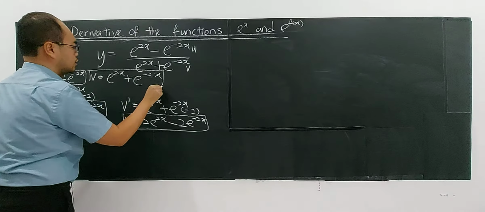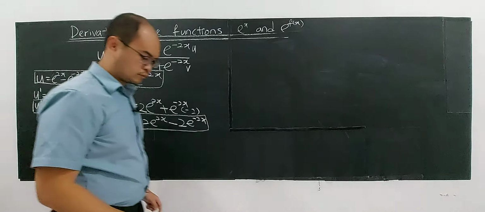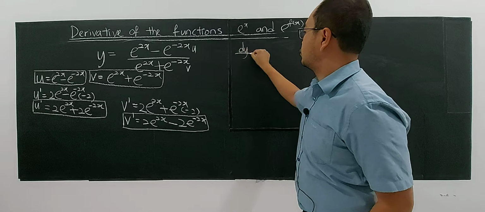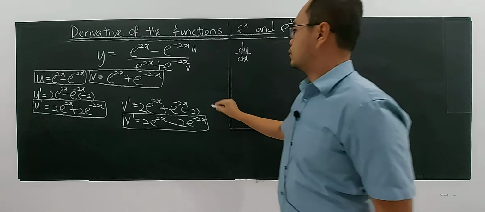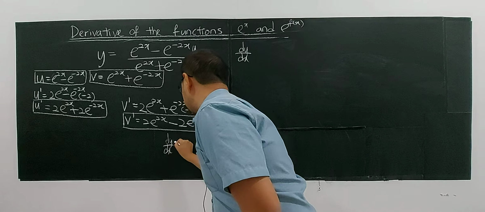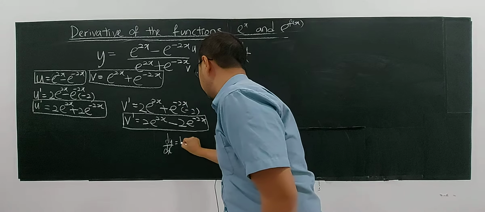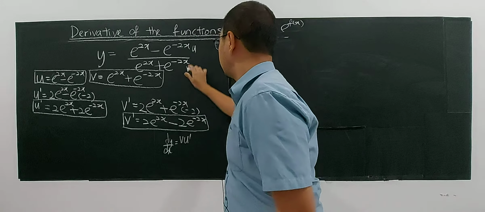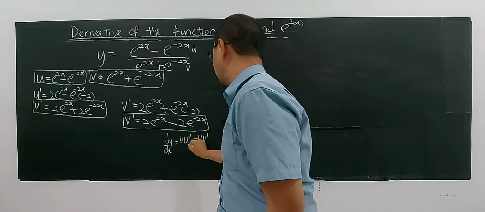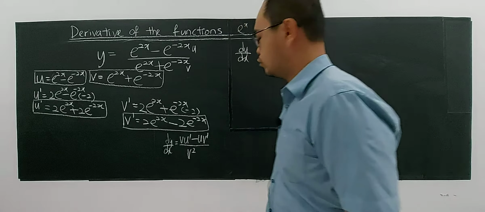Okay, now I'm going to apply the quotient rule. Remember, the quotient rule looks like this: dy/dx equals (v u prime minus u v prime) over v to the power of 2.